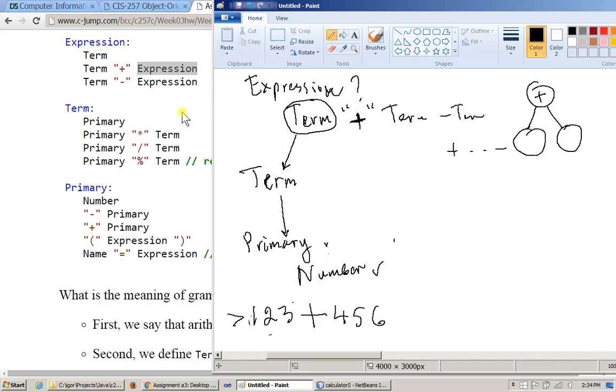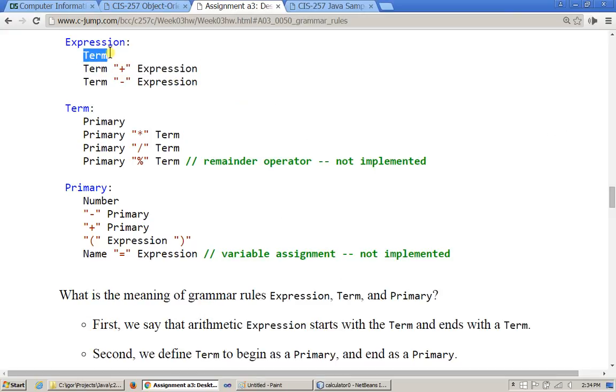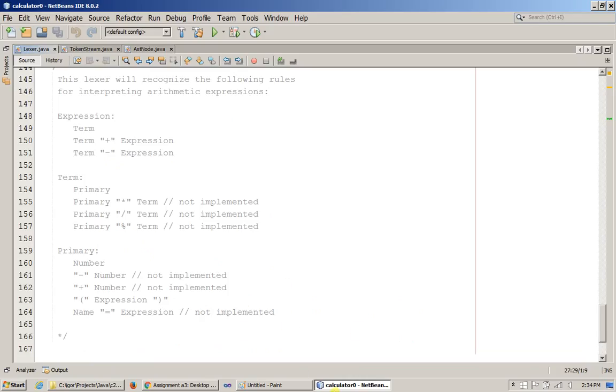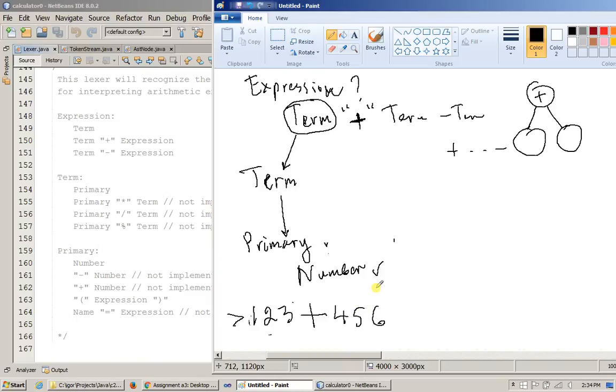Because what it's going to be doing is just basically going to be saying, I am going to match the term, right? I'm going to match the term, and as long as there's a plus or minus following it, I will go ahead and proceed to assume there is another term plus something, another term plus something. But eventually, look what happens. We get to the point where 4, 5, 6 also will be matching the term because it's a primary, because it's a number, okay?